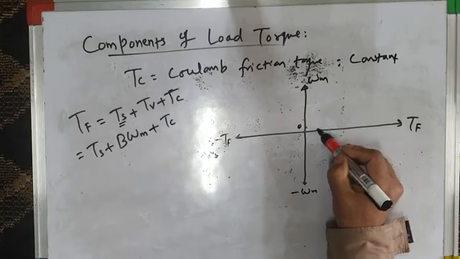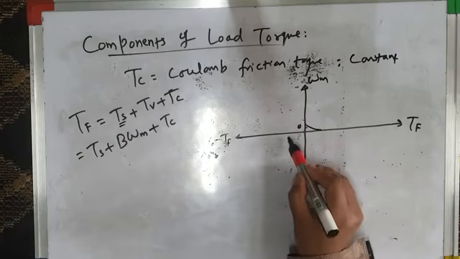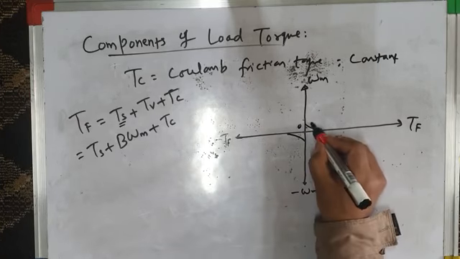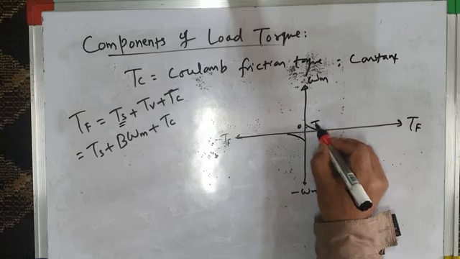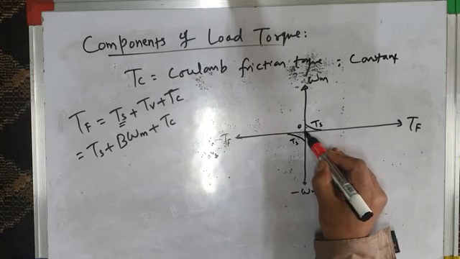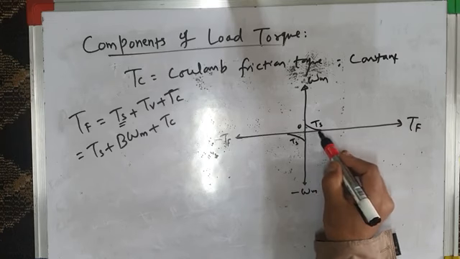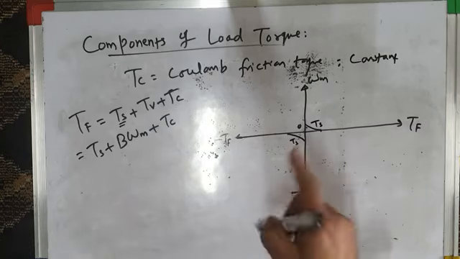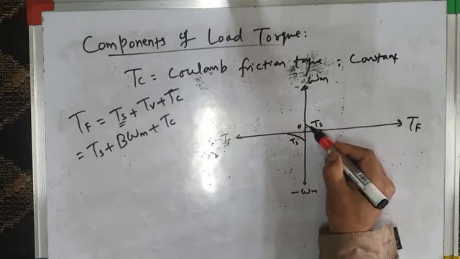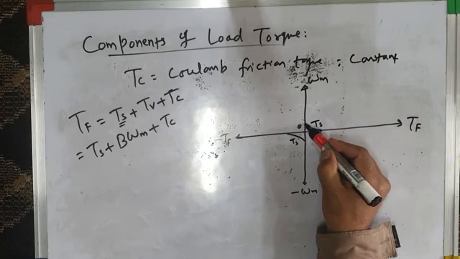Now the first component is static torque. It is given by this line here and by this line. This is TS here and TS here. That means when the motor and the load are at standstill, there is a certain amount of torque called static friction torque, and it is this much. And when the system's load starts running, this torque starts falling, and at a particular value of speed it becomes zero.